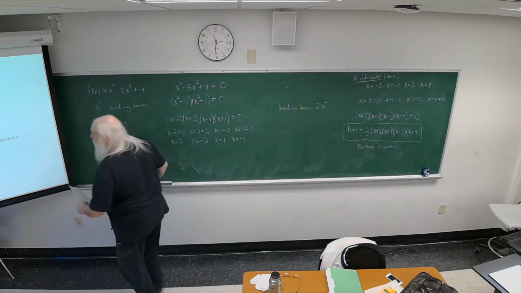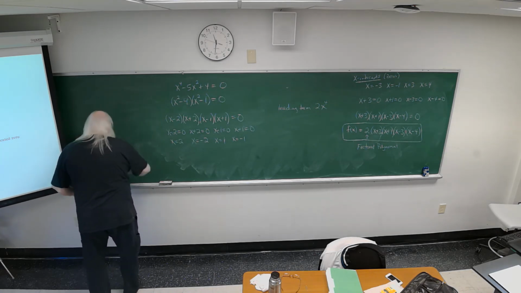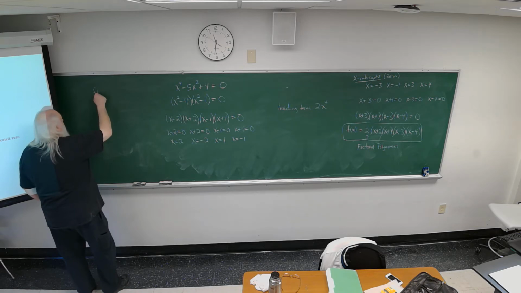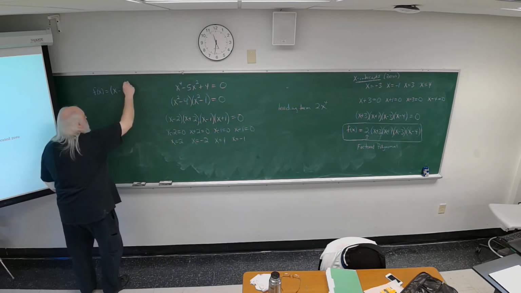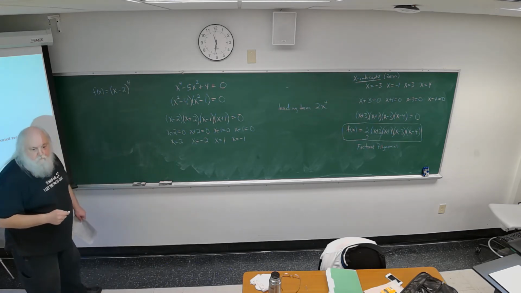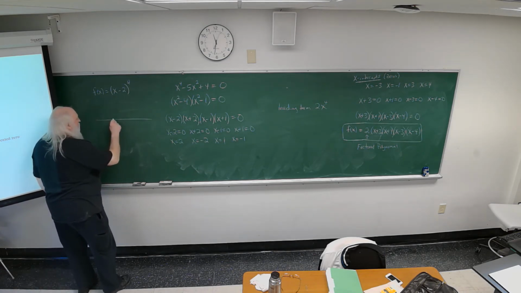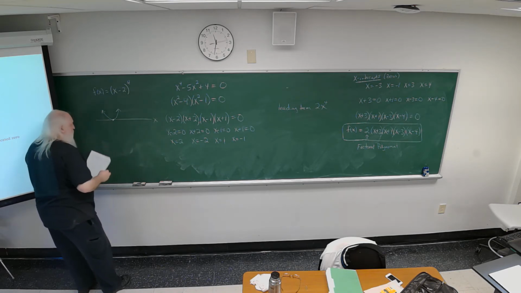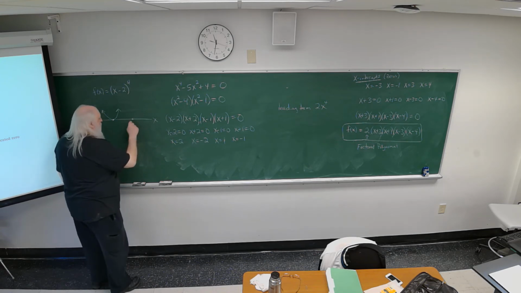So let's say I have polynomial function f of x is equal to x minus 2 to the 4th power. Okay? What that is saying is that either the graph is going to come down and touch the x-axis from above, or it's going to come up and touch the x-axis from below.